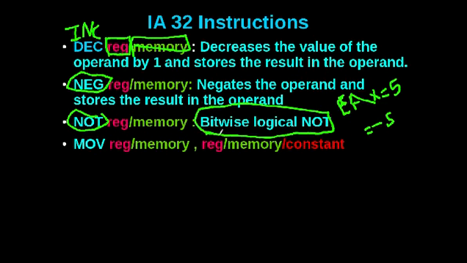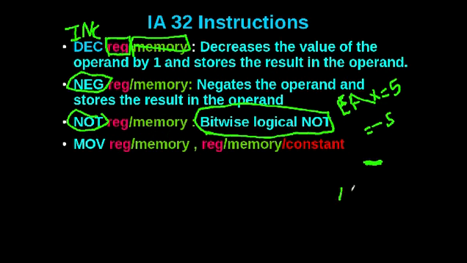Remember, when we asked what's a CPU, we said arithmetic and logic unit, responsible for doing arithmetic and bitwise operations. This is a bitwise operation, and if you remember when we took Boolean algebra, it's the complement or the NOT gate.